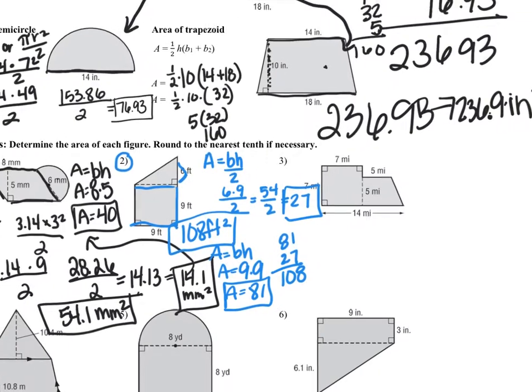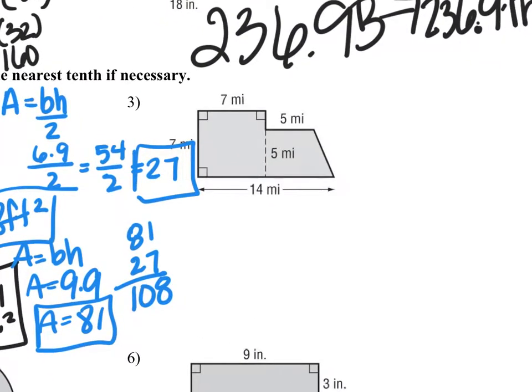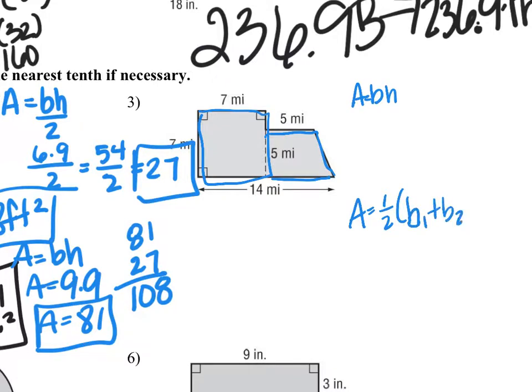Okay. So what 2 shapes happen on number 3? We have a square and then a trapezoid. Okay. So a square is base times height. What's a trapezoid? 1/2 base 1 plus base 2 times height. That's how I write it. I don't know why they have it written somewhere else, but that's how I write it.